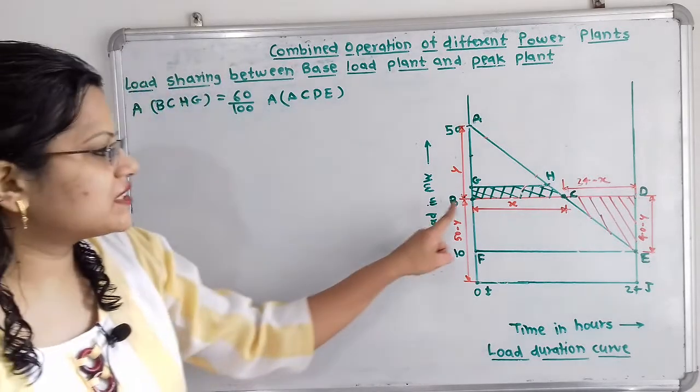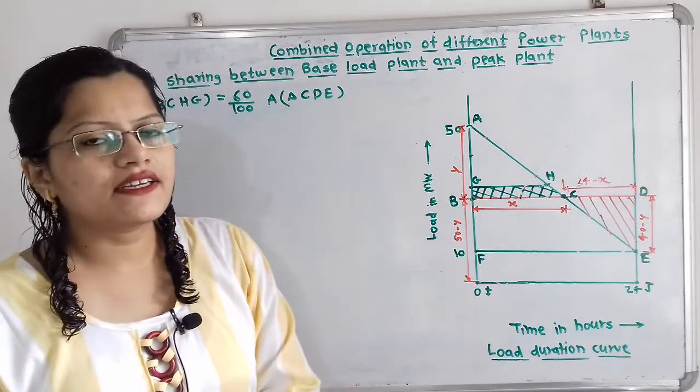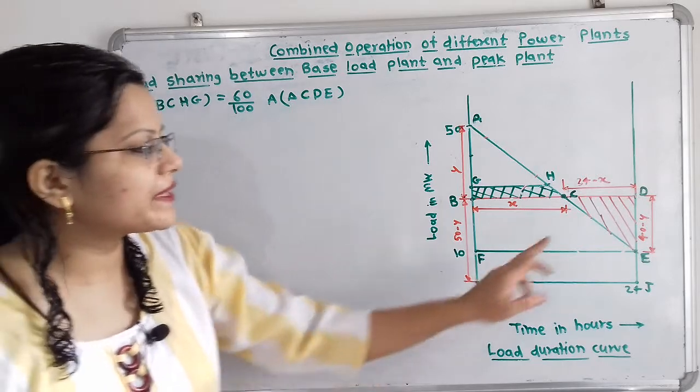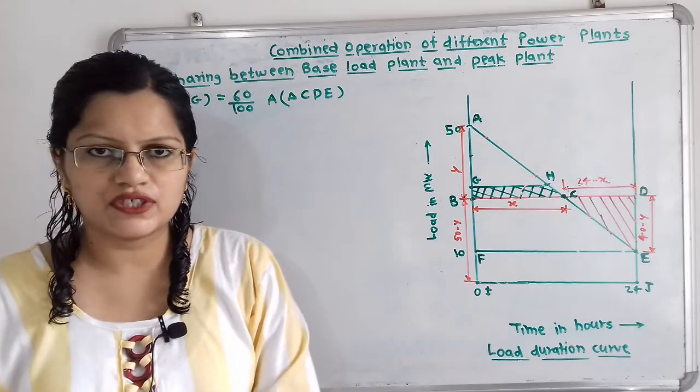Then the area of the shape BCHG is the electrical energy converted during the off-peak period of the base load plant with 60% efficiency.